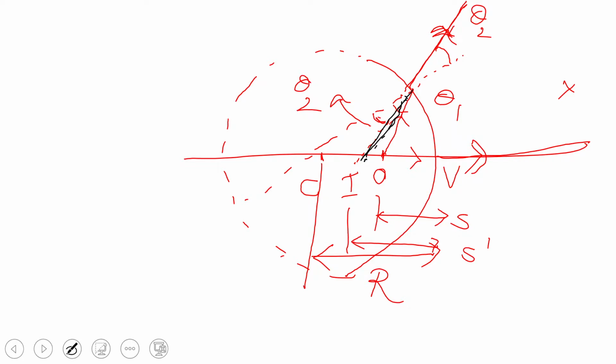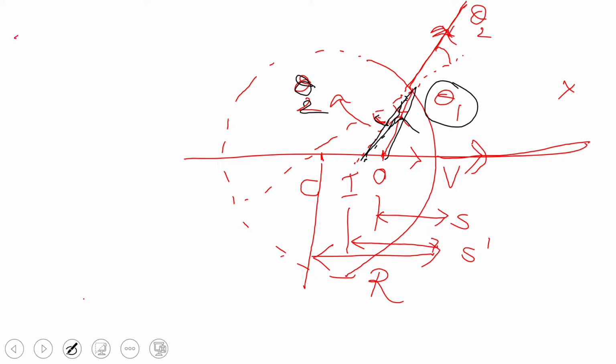So this angle would be theta 2, right? That's theta 2. And this angle between the normal and this ray is theta 1, right?